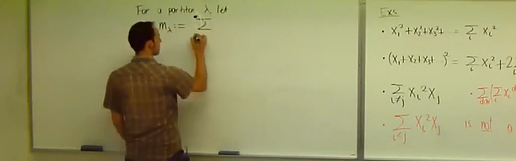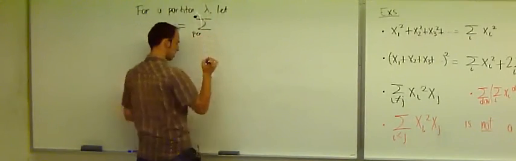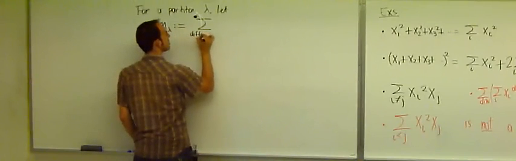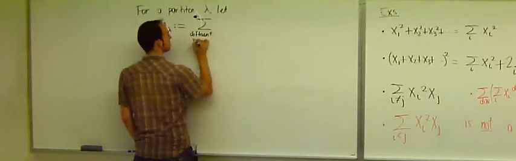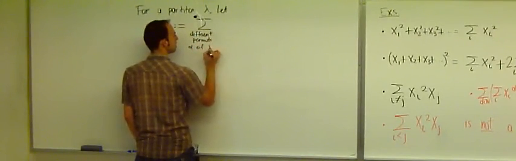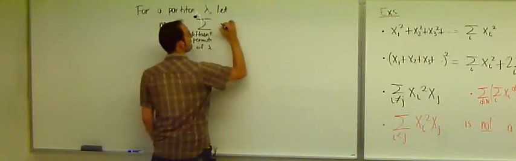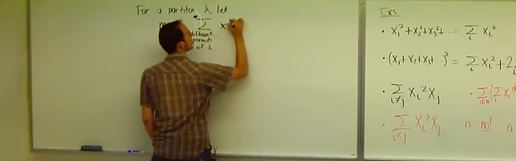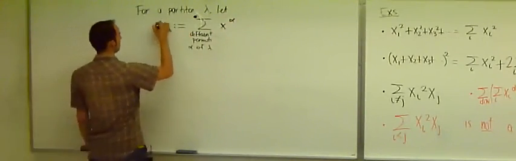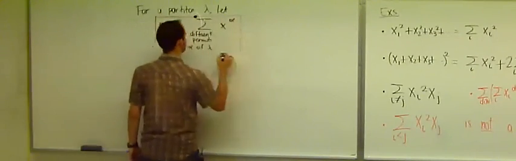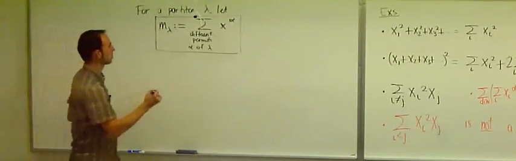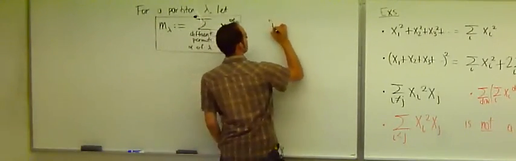Okay, so what we do is that we sum over all the different permutations alpha of lambda, and we just do x to the alpha. Okay. This is called the monomial symmetric function.